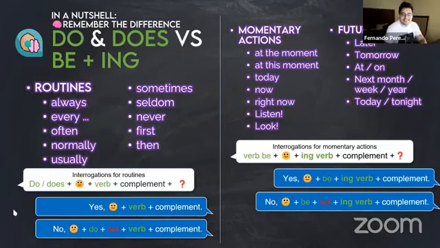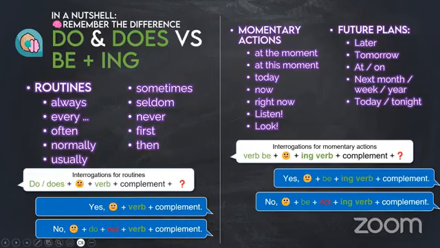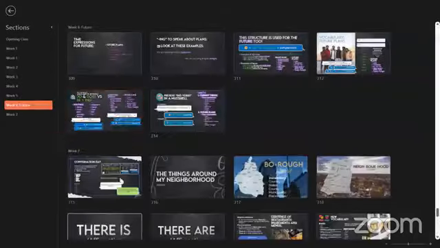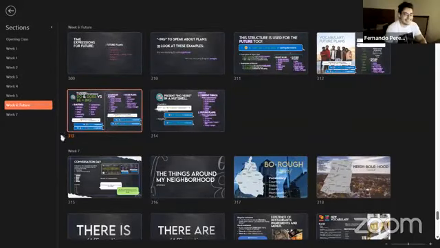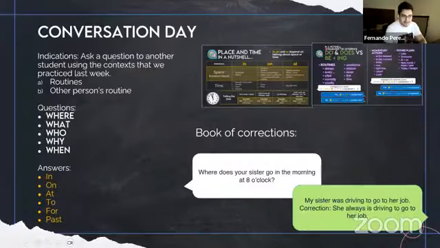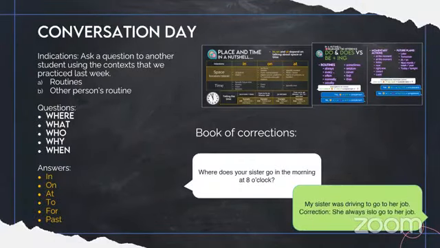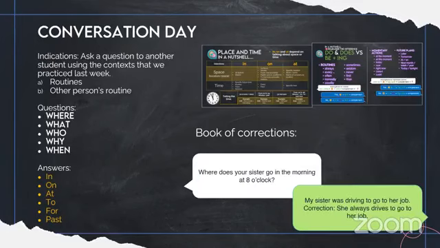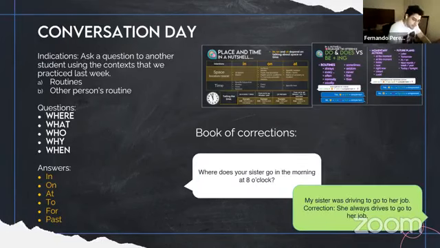So what is the correction? She always drives to go to her job. Perfect. She always drives to go to her job. Incomplete.